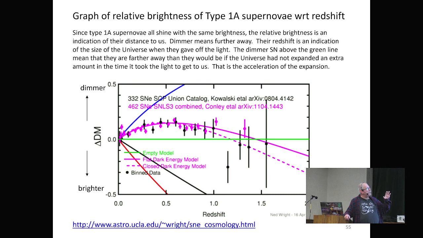There was a lot of controversy over this because some people thought that it was gas and dust that were affecting this measurement, and that was eventually resolved. But the main takeaway is the universe is not expanding uniformly, and parts of it are expanding faster than others.